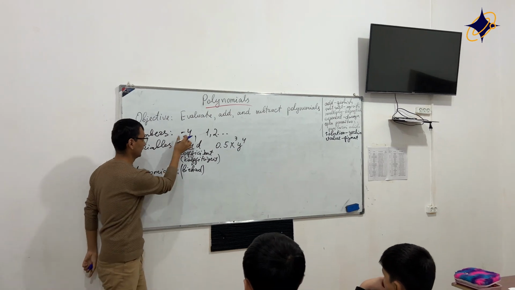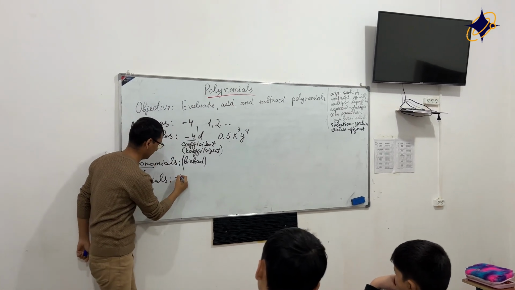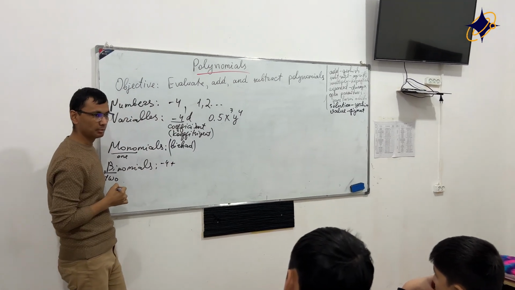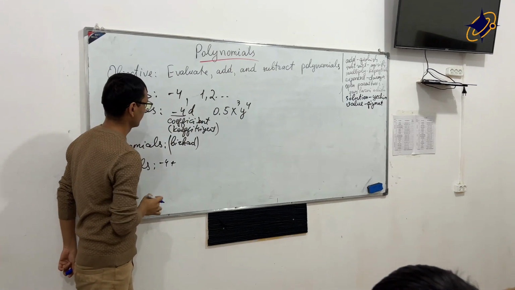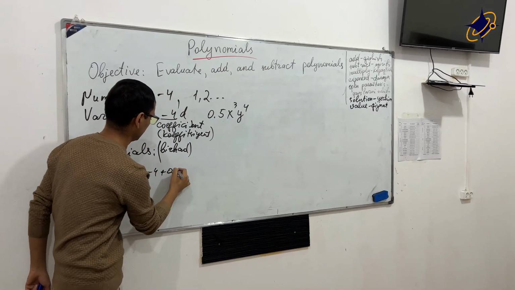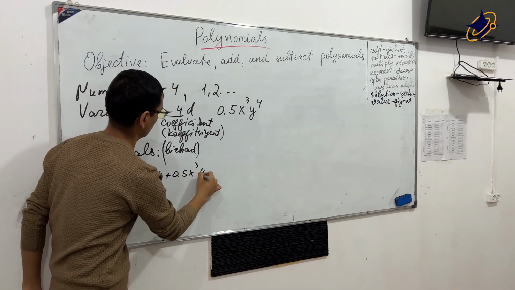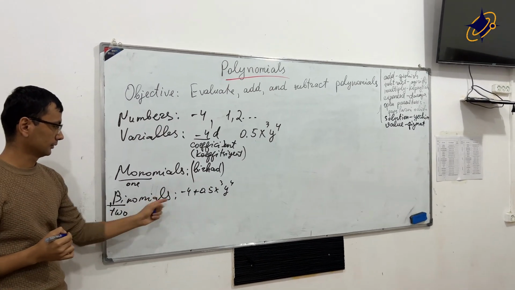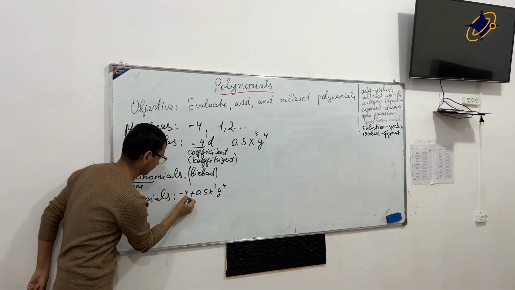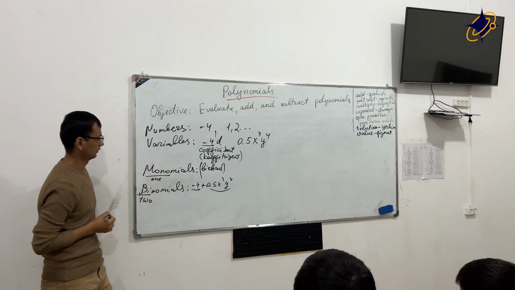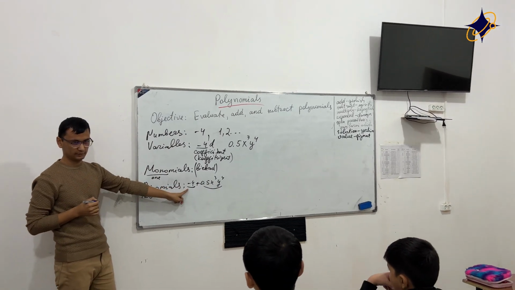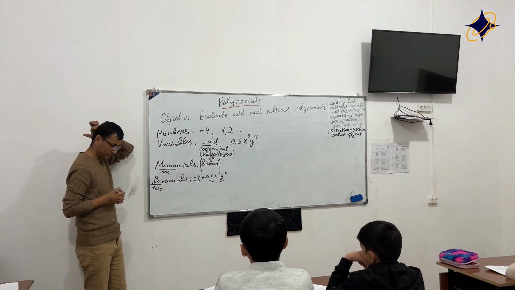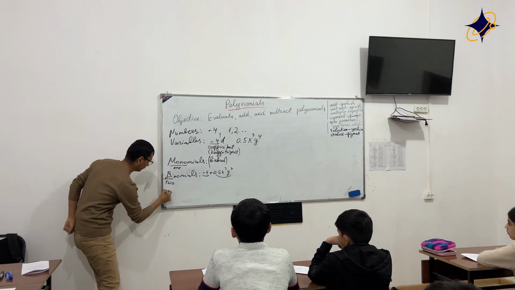For example, minus 4 added by this one. And these are monomials. Okay? And finally, we have polynomials.